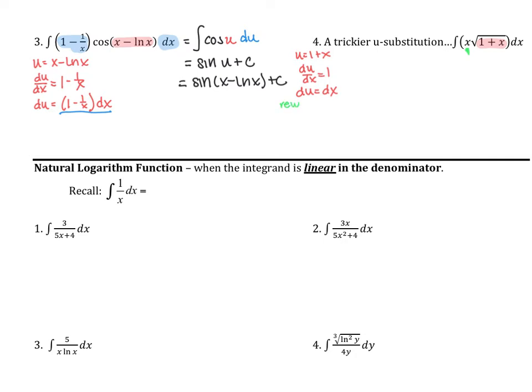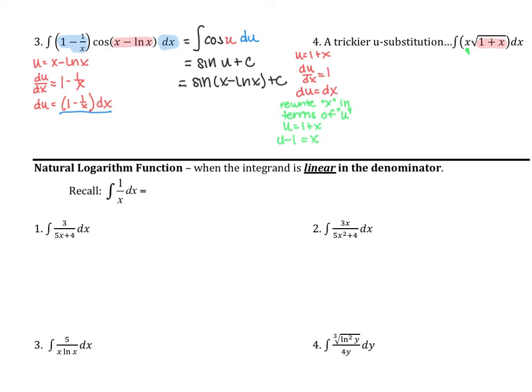So let's rewrite x in terms of u. If we let u equal 1 plus x, then doesn't it hold that x equals u minus 1? So I can make a substitution in place of x with u minus 1. So here's what that looks like.